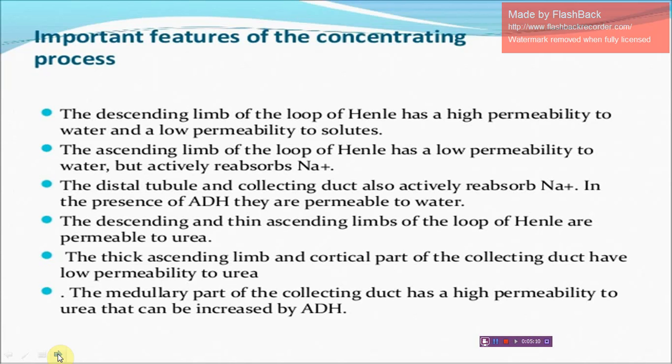The descending and thin ascending limbs of loop of Henle are permeable to urea. The thick ascending limb and cortical part of the collecting duct have low permeability to urea. The medullary part of the collecting duct has a high permeability to urea that can be increased by antidiuretic hormone.